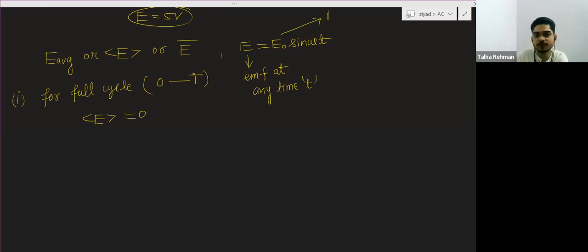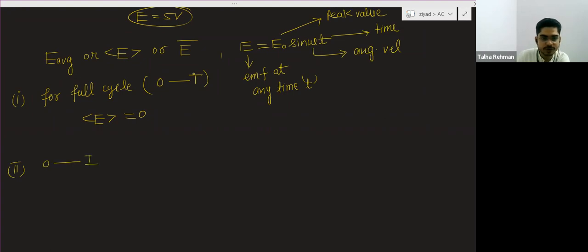Maximum value or peak value of EMF. What is omega? Angular velocity or angular frequency. What is T? T is the time. For half cycle means 0 to T by 2.